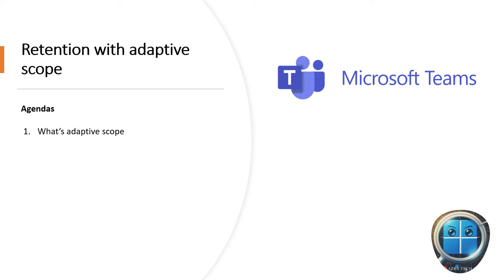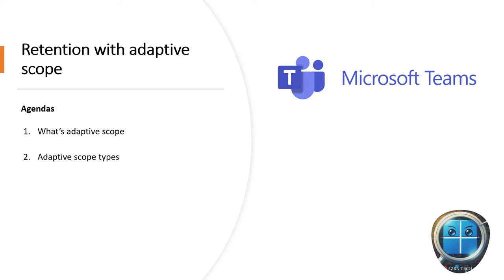Here, what you are doing is creating a different scope for different groups of your users, which is very easy. You can apply this to your users, which covers the Teams chat and private channel messages. And then we will cover how many types of adaptive scope you can have. With the adaptive scope, yes, you can target different groups of users per the user's attribute.